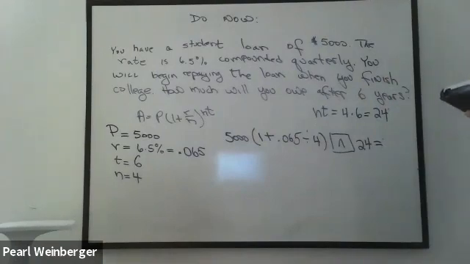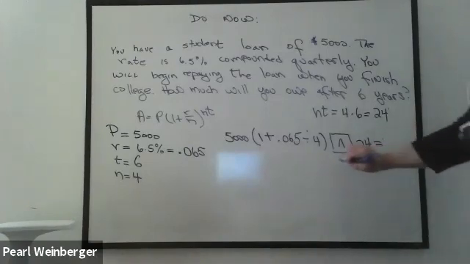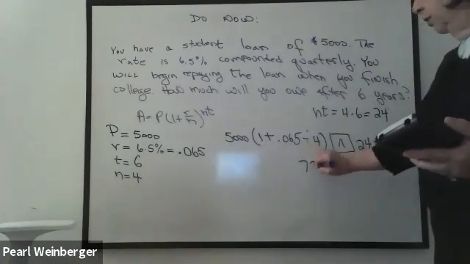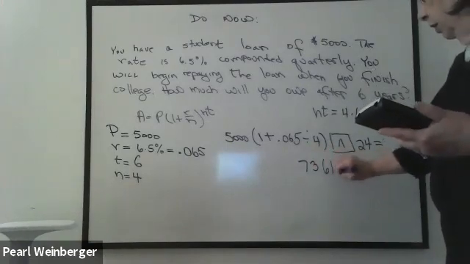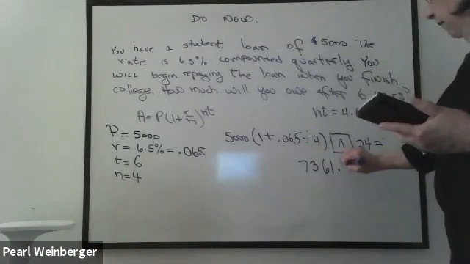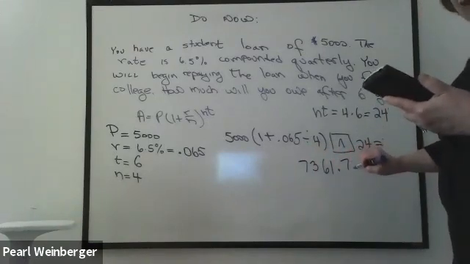So we have 5,000, parentheses 1 plus 0.065 divided by 4, close parentheses, exponent 24. Obviously, you wouldn't be able to do an exponent of 24 on your own. And this is the number that I got, 7361.789.